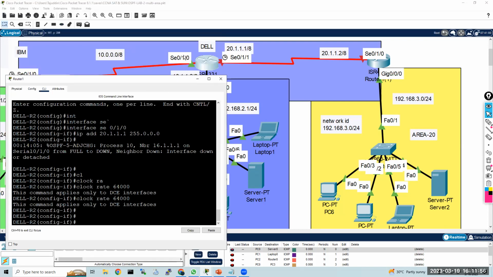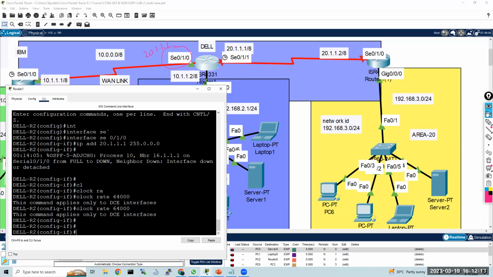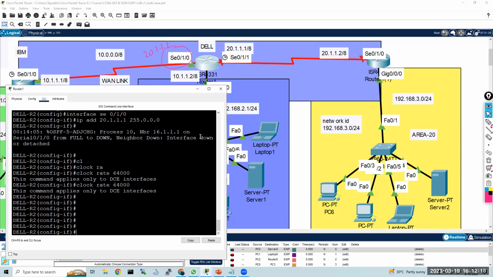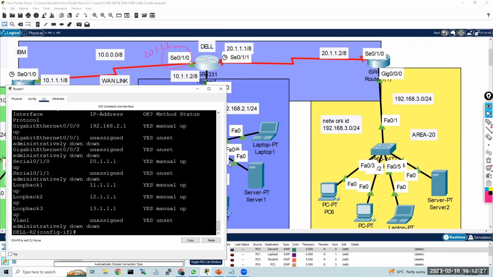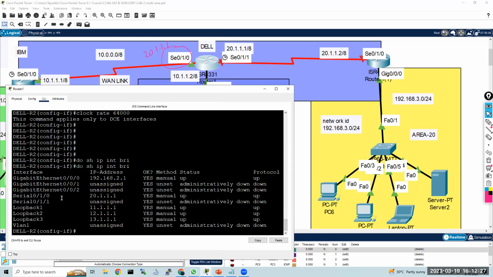See, I have given the IP address on this 20.0.0.0 network, 20.1.1.1. Yes, it means we have given the wrong IP address.